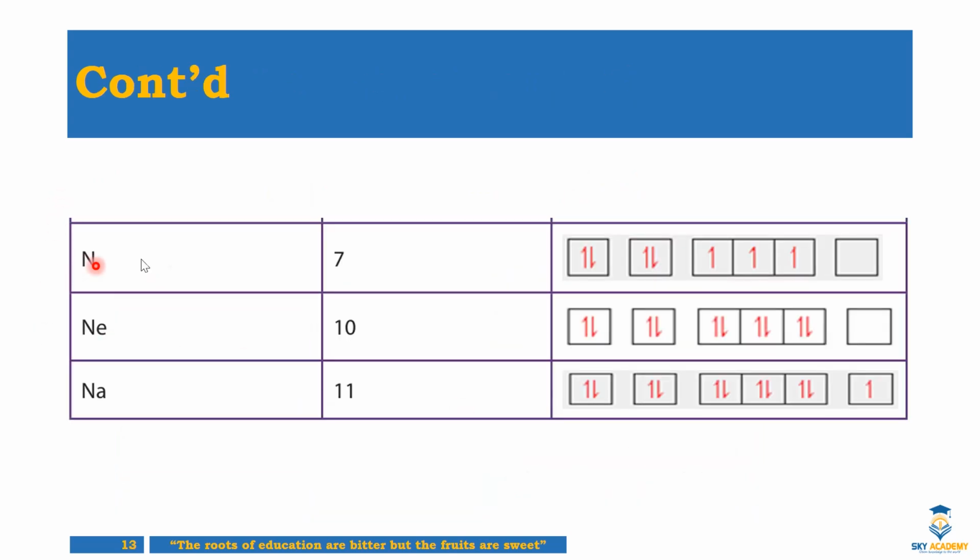Then nitrogen has 7 electrons: 1s2, 2s2, 2p3. As you see, those 3 electrons, because the orbitals px, py, and pz have the same energy, you need to put 1, 1, and 1. So no problem. Neon, with 10 electrons: we put 1s2, 2s2, 2p6.